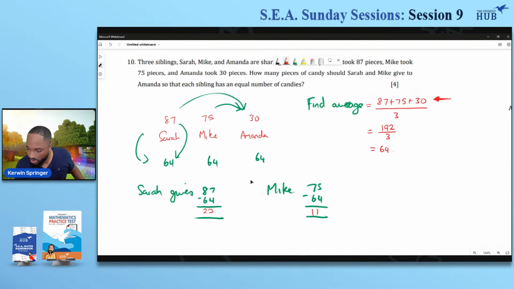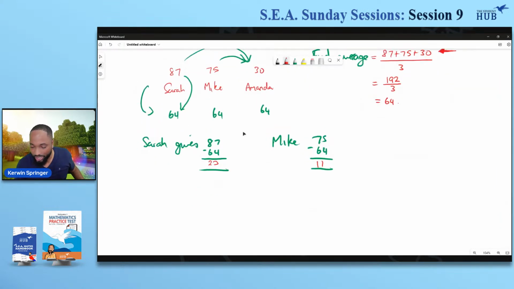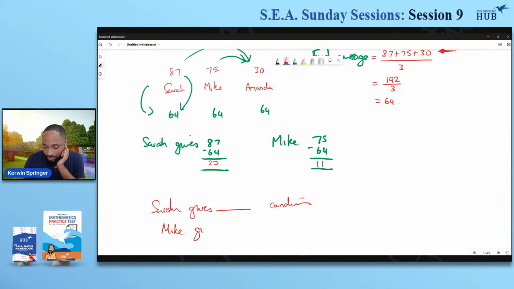How many pieces of candy should Sarah and Mike give to Amanda? It depends, right? If the answer format says Sarah gives blank candies and Mike gives blank candies, then you know they expect you to write 23 and 11 there.